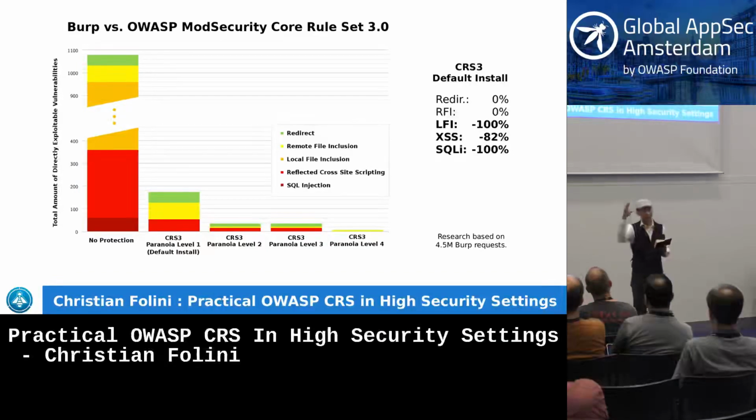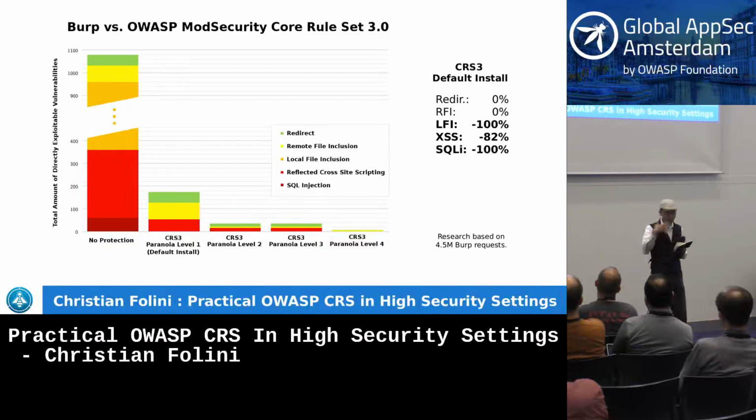So you get 30 additional rules at level 2, another 15 at level 3, and another 5 or 10 at paranoia level 4, totaling 200 rules. Now, the situation afterwards is like a dog protecting your house. At paranoia level 1, you have a very sensitive, nice pet dog. At paranoia level 4, you really get a mad dog here.